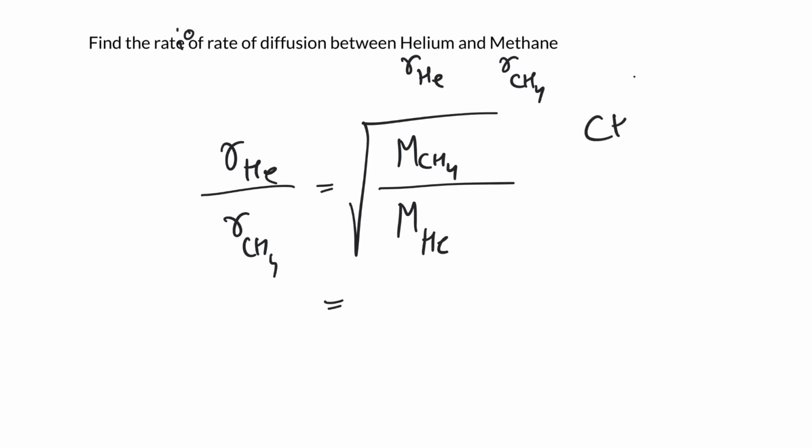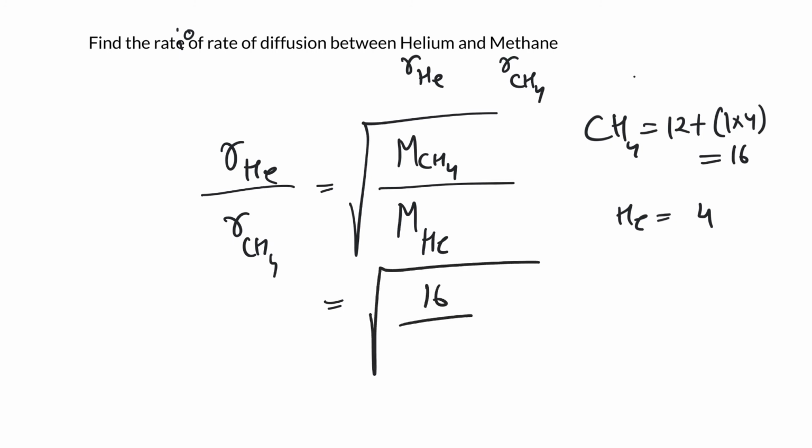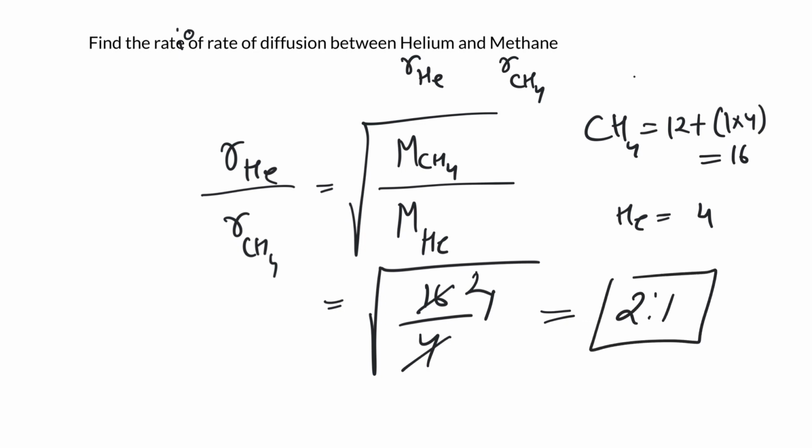So CH4 is 12 plus 1 times 4, that's 16, right? And the He mass is simply 4, right? So 16 upon 4 is 4, and the square root of 4 is 2:1. So that is your answer. I hope this really makes sense.